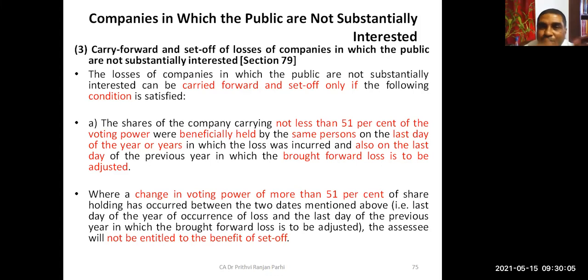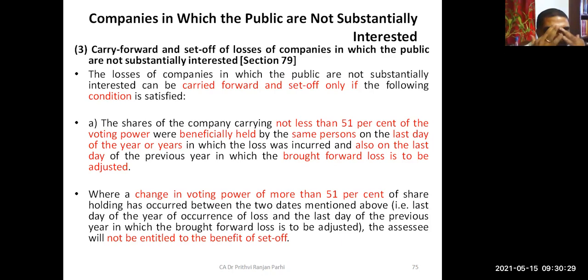In both the days, that means the last date of the previous year when loss was incurred and the last date of the previous year when income is earned, you have to see who are the people holding shares. Not less than 51% of the voting power should have changed. Did you understand?